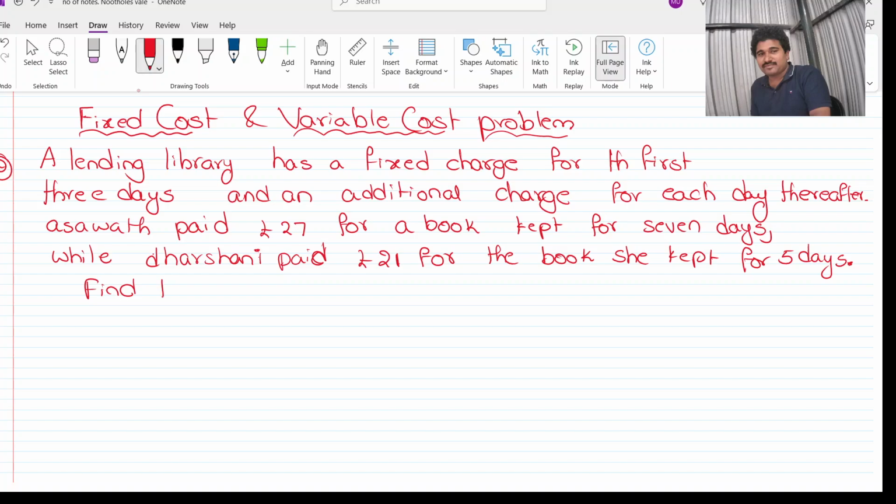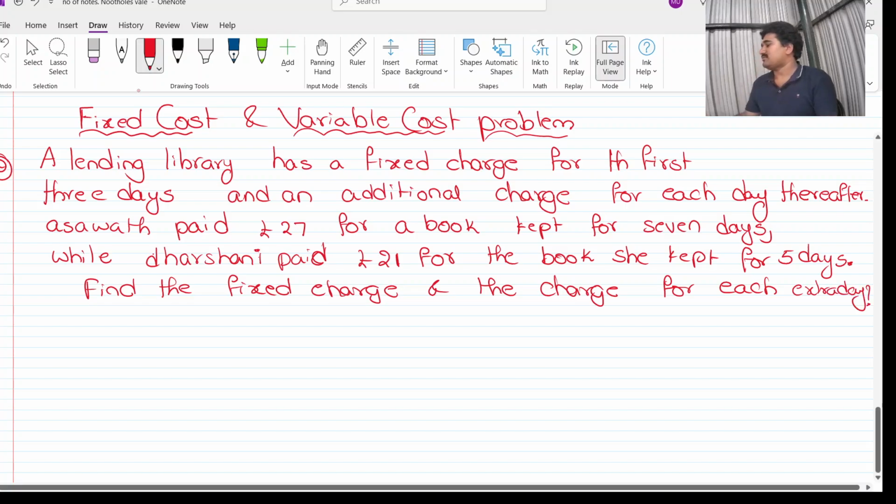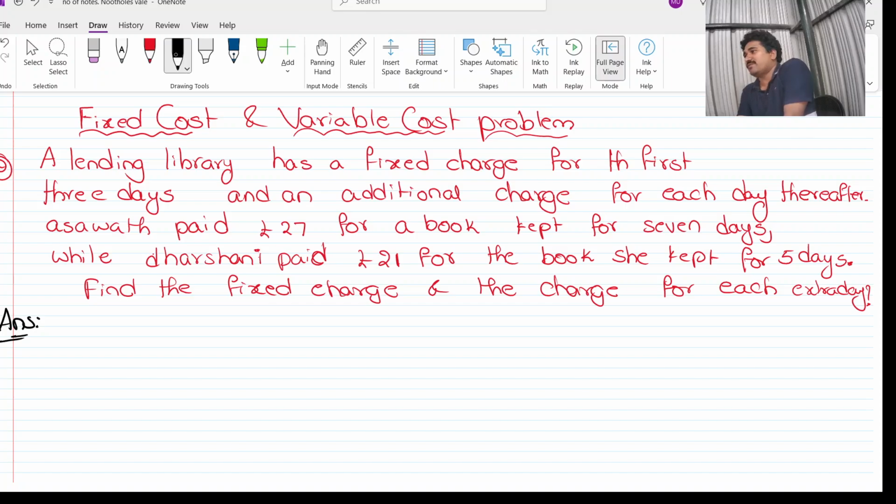Let's solve. Here, the question itself will tell what I have to take as x and what as y.